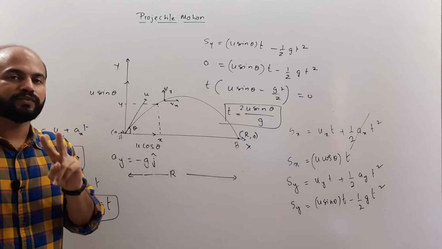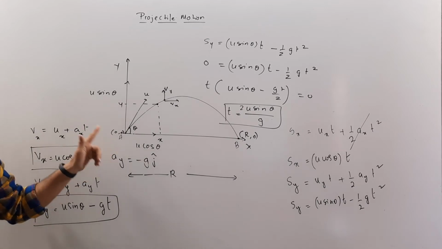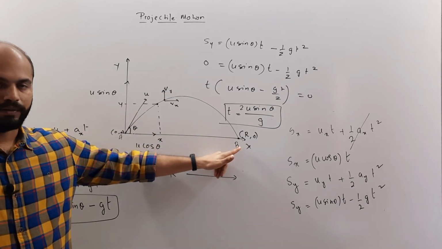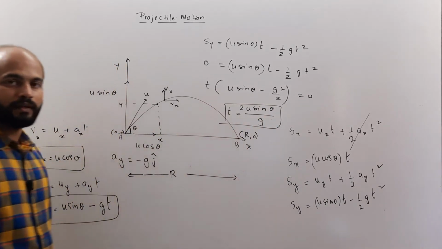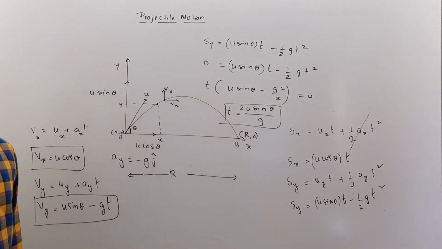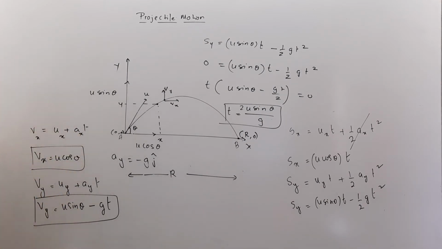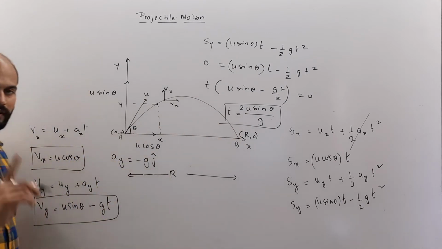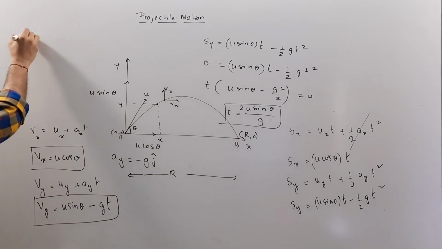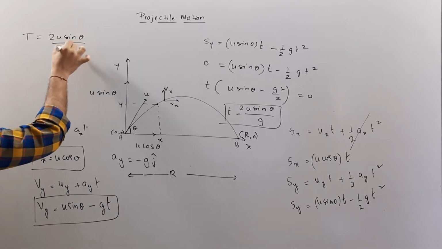So there are 2 points of time at which displacement in y is 0. One is at origin, the other one is here at a final point. So that time is 2u sin theta by g. This time is called time of flight. So the amount of time taken for the projectile to cover the distance AB is called time of flight. So the formula for time of flight is 2u sin theta by g.